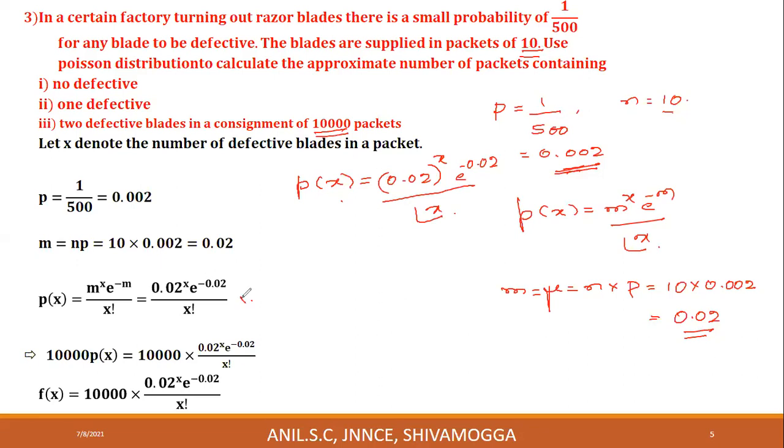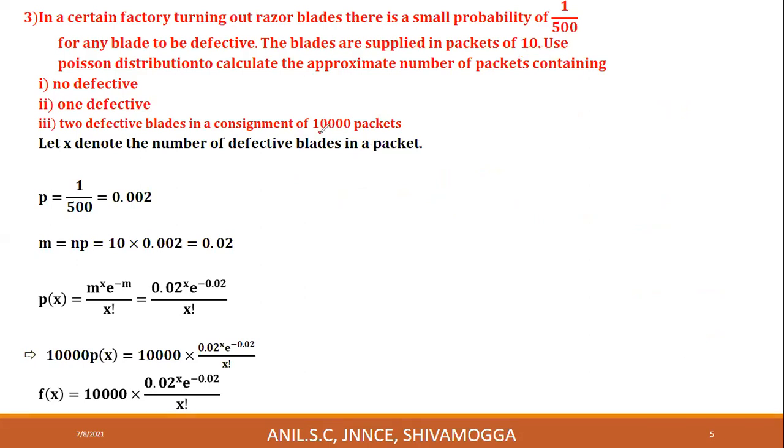This is the probability function. I multiply because there are 10,000 such packets. Multiply both sides by 10,000. You can multiply at this stage only, or you find the probabilities and then multiply. In either way, you can do that. 10,000 into P of x is equal to 10,000 into 0.02 whole power x into e power minus 0.02 divided by x factorial.